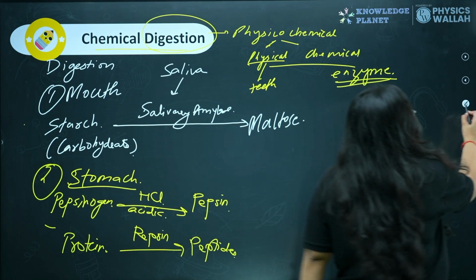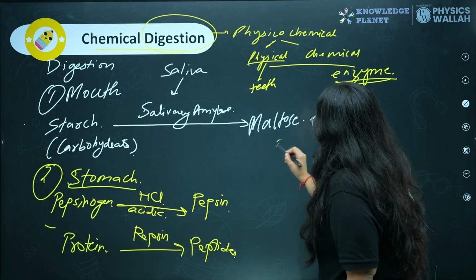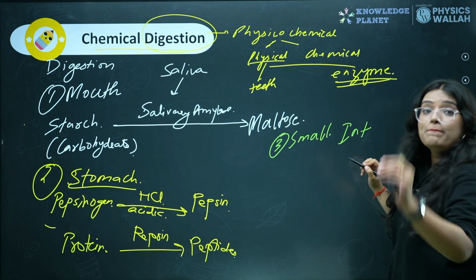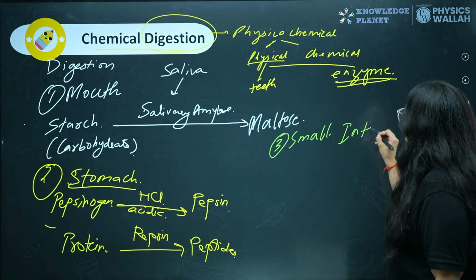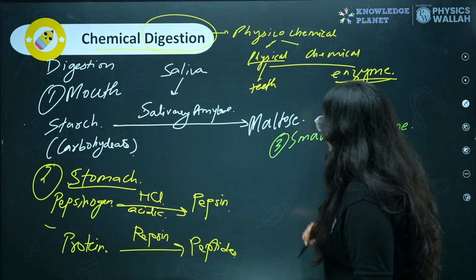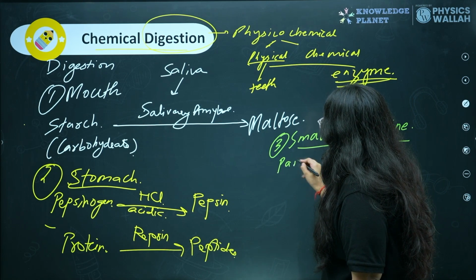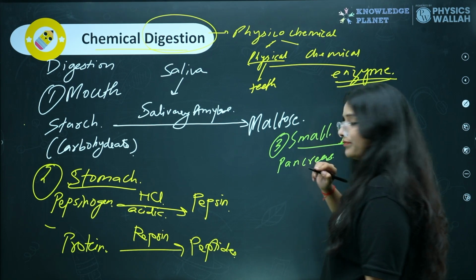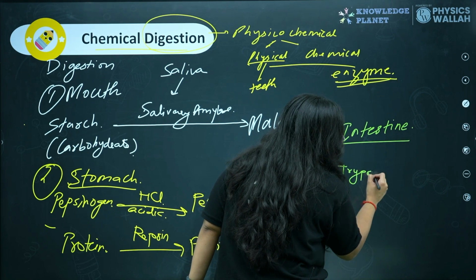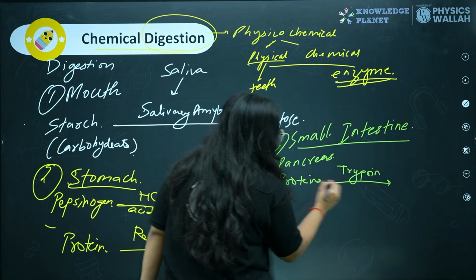Okay, now let's talk about the small intestine. Third, we are talking about the small intestine, because here remember that maximum digestion takes place. The small intestine receives secretion from the pancreas as well. Now pancreatic enzymes such as trypsin will help in the digestion of further proteins again into peptides.